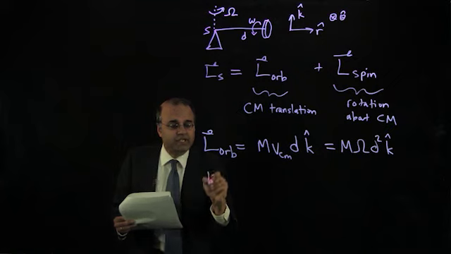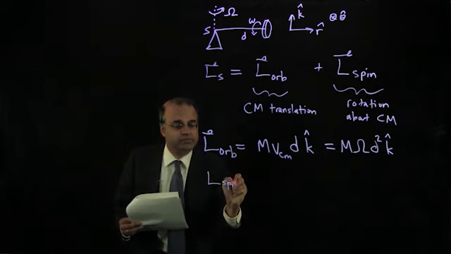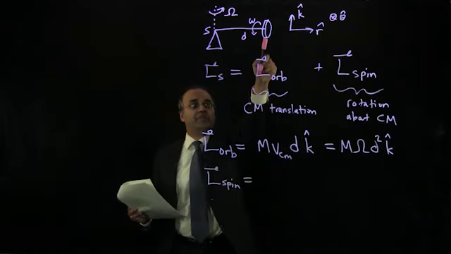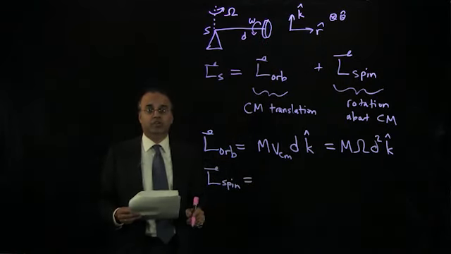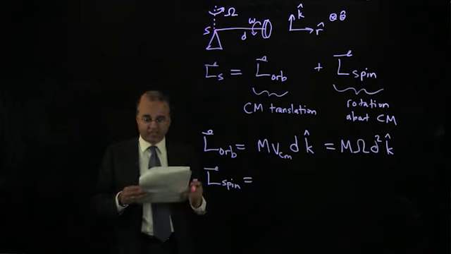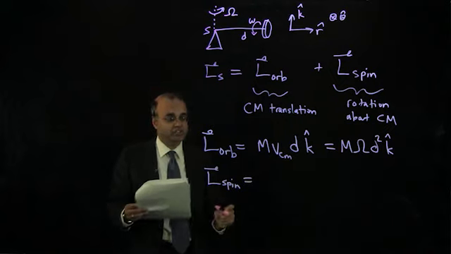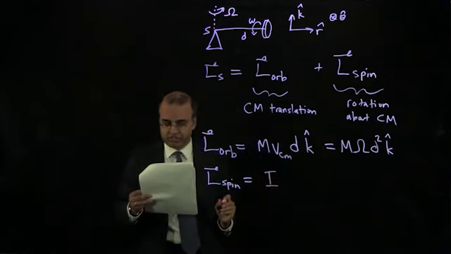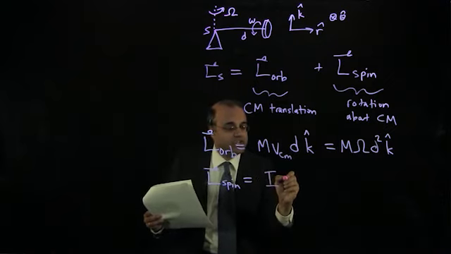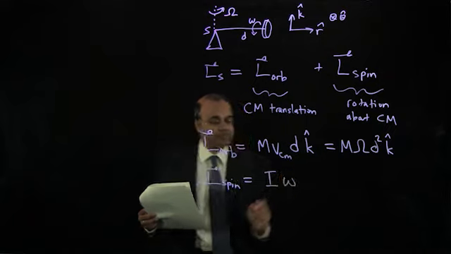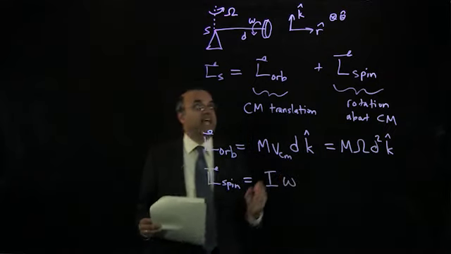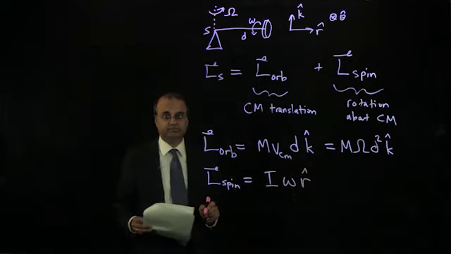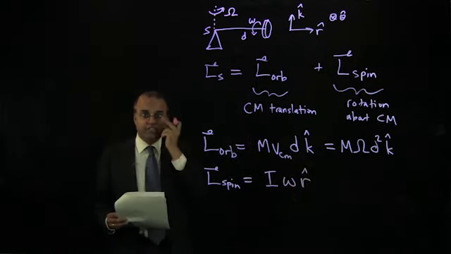Now, the spin angular momentum: we've been talking about the rapid spin of the wheel around its axis. So that's given by the moment of inertia about that axis times the spin angular velocity, and that's pointing in the r hat direction. But there's a subtlety here.